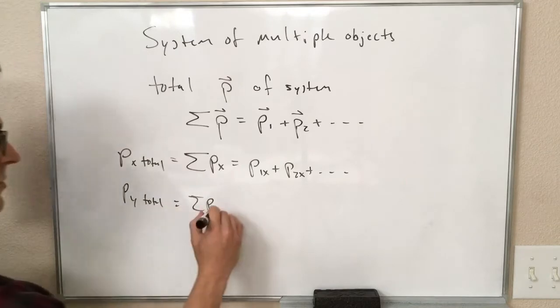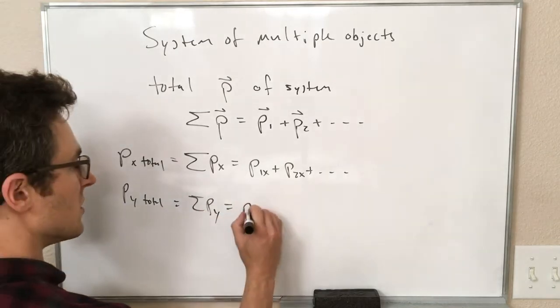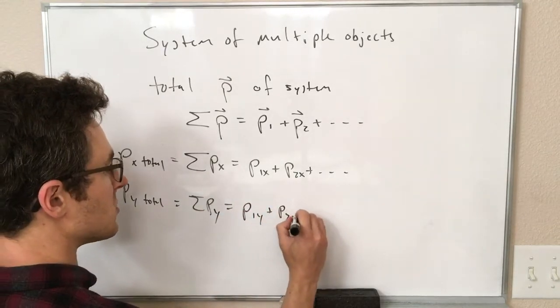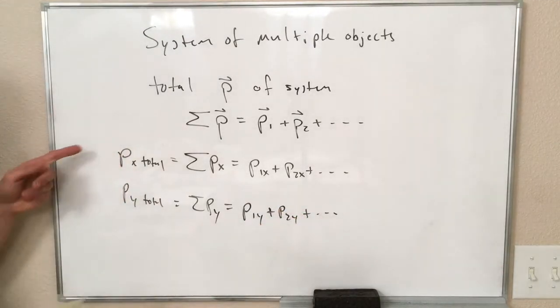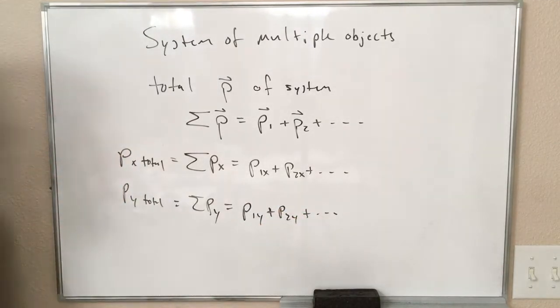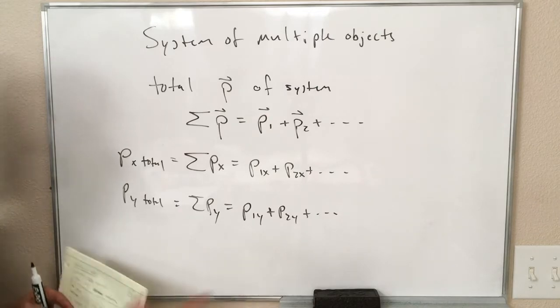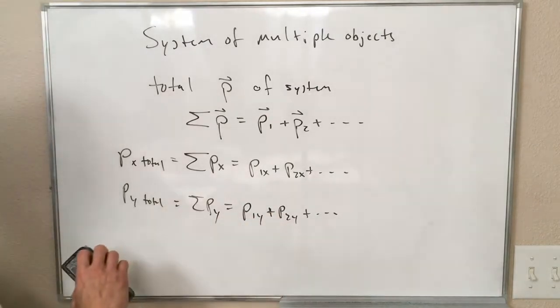The total y momentum is the sum of all of the y components, which is p1y plus p2y and so on and so forth. This is useful because momentum is going to be particularly useful for looking at multiple objects undergoing some interactions.